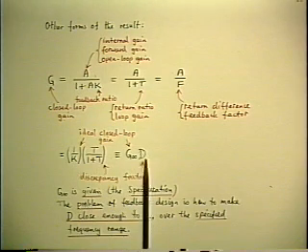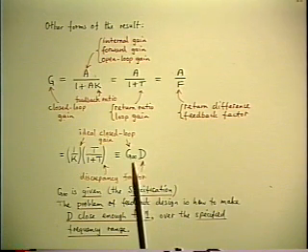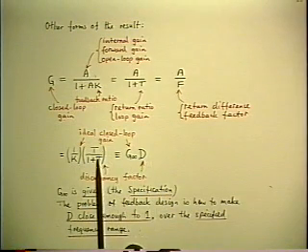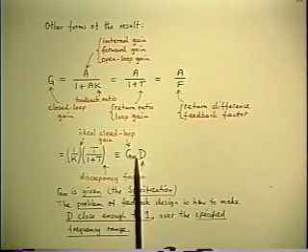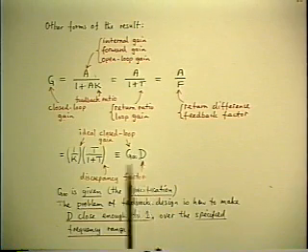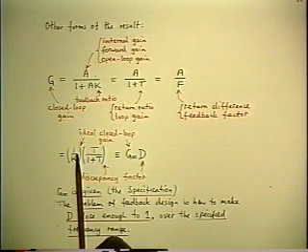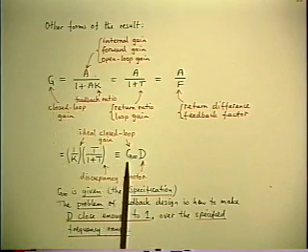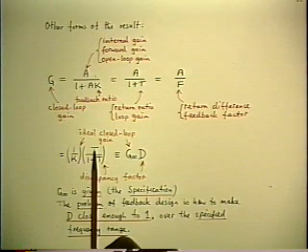And this is a much more useful version of the result anyway, because we can identify these two separate factors which have direct physical interpretation. In particular, the 1 over K in front is the limiting value that the closed loop gain is going to reach if the loop gain approached infinity.